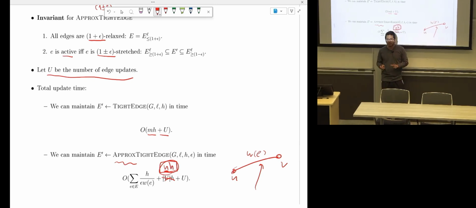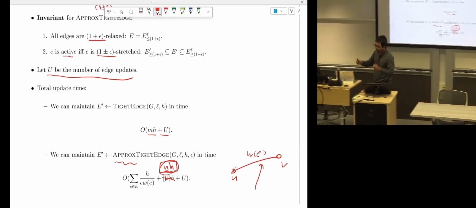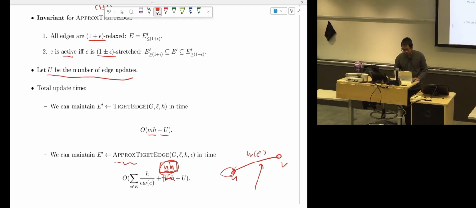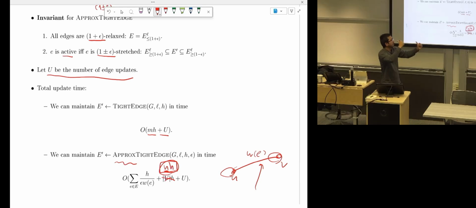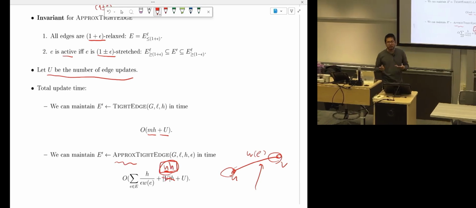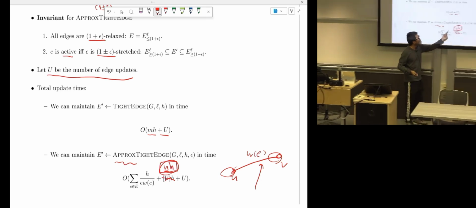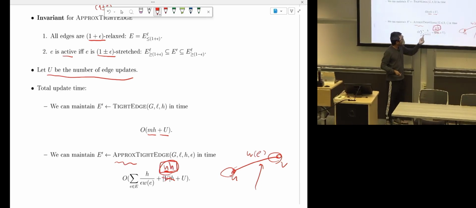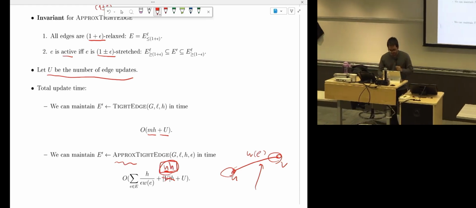That makes sense? So it's okay to just check whenever the endpoint increases the level by epsilon times the weight. That's why we probe this edge every epsilon times the weight, and we need to probe it h over this many times. Okay? So try to record this.